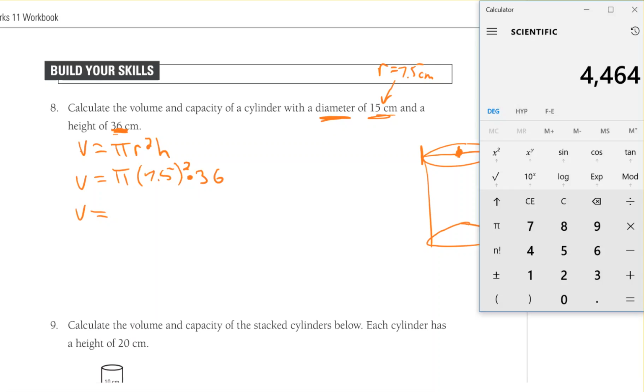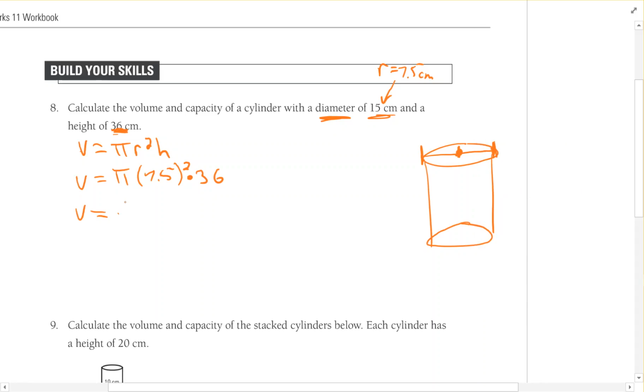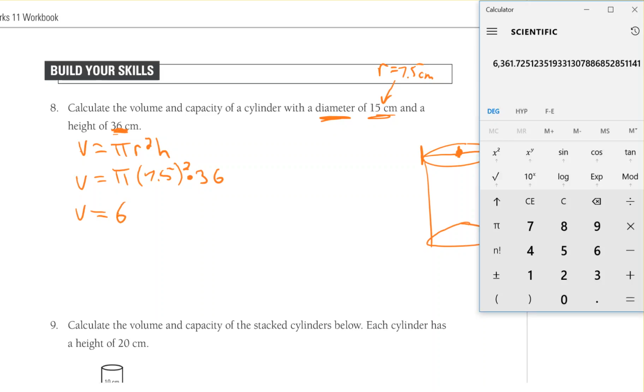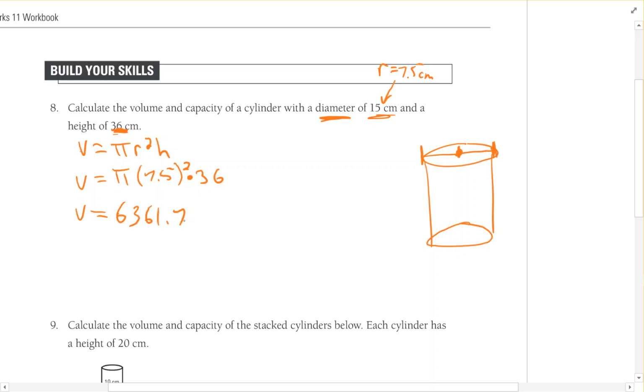Putting that in your calculator, you hit your pi button, pi times 7.5 squared, which on my calculator is the x to the 2 button, times 36, and then push equals. So 6,361.7 centimeters cubed, because it's a volume.